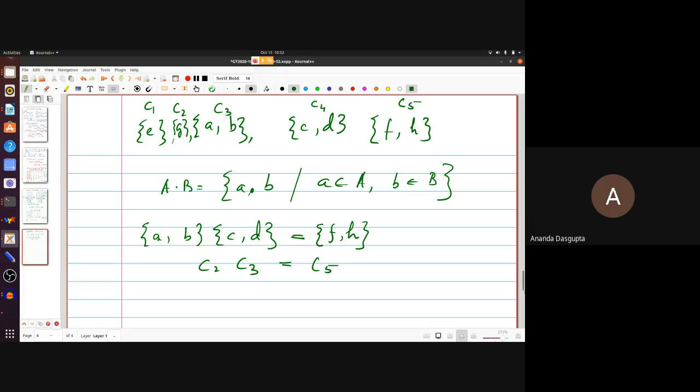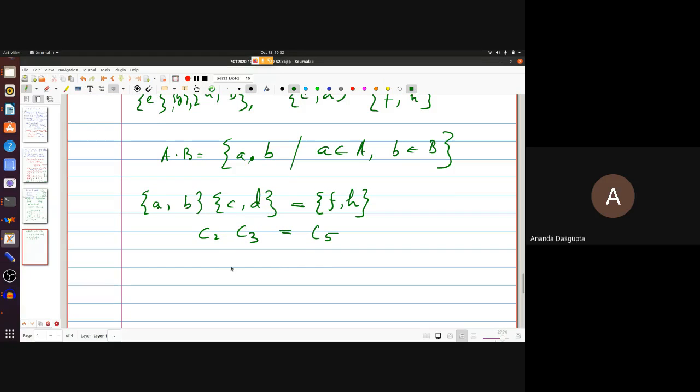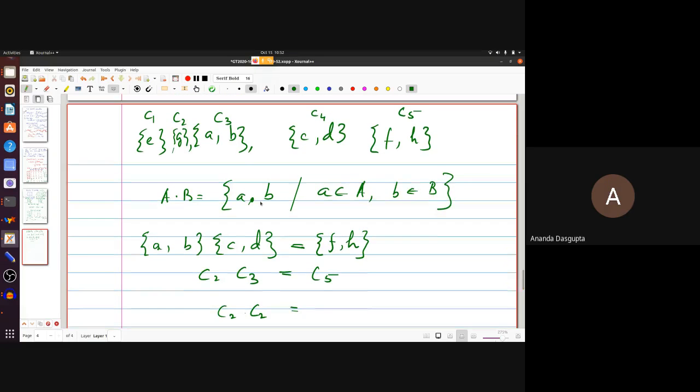I apologize, my labeling got screwed up. In my labeling, this is C3 times C4 is C5.